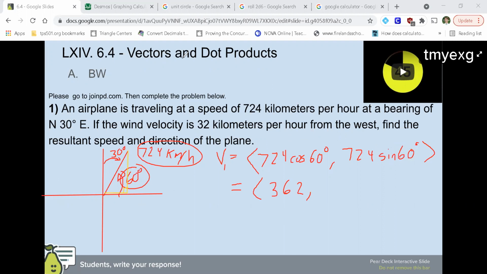And then if you do the other one, you'll get 627.002, or if you want to be more precise, that is just 362 times the square root of 3, because the sine of 60 is just the square root of 3 over 2. Right, so a half of 724 is 362 times the square root of 3.